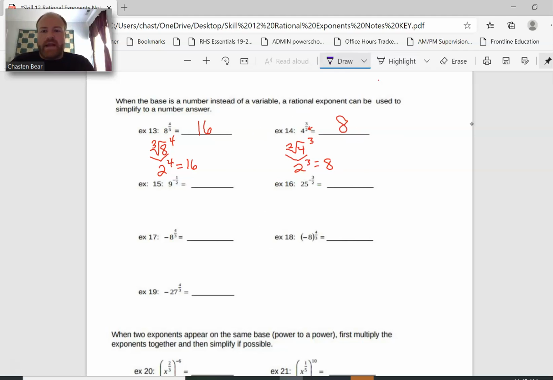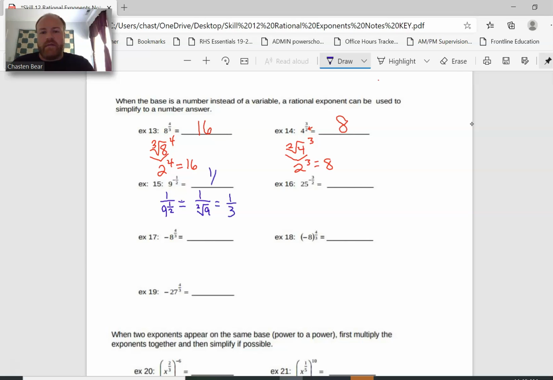Then we have 9 to the negative 1/2. This one, be careful. So this is the same as 1 over 9 to the 1/2, because remember, negative exponents, we rewrite to the denominator. And then I can rewrite the 9 to the 1/2 as the square root of 9.